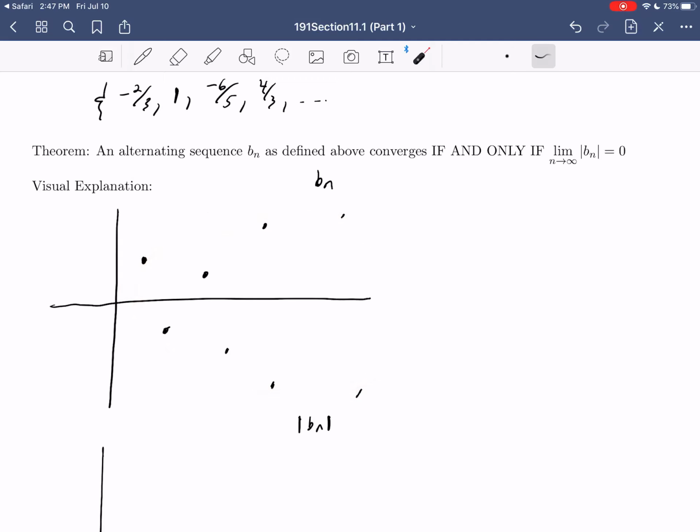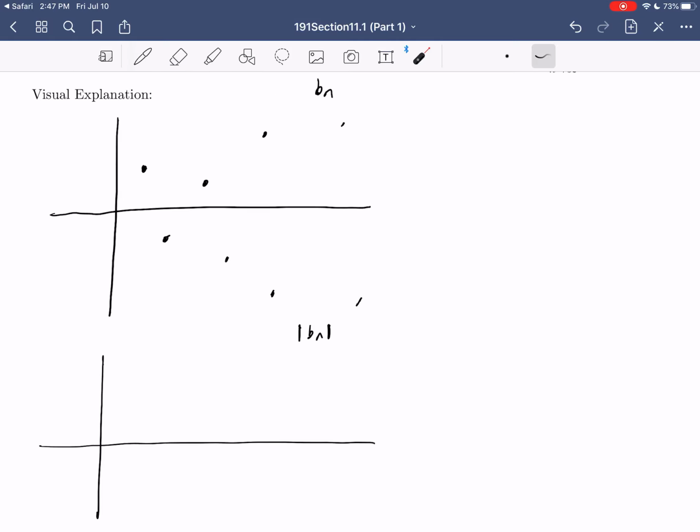If our b sub n sort of looks like that, then when we take the absolute value, all these pieces are just going to move up, right? So what we would have then is something like that, right?